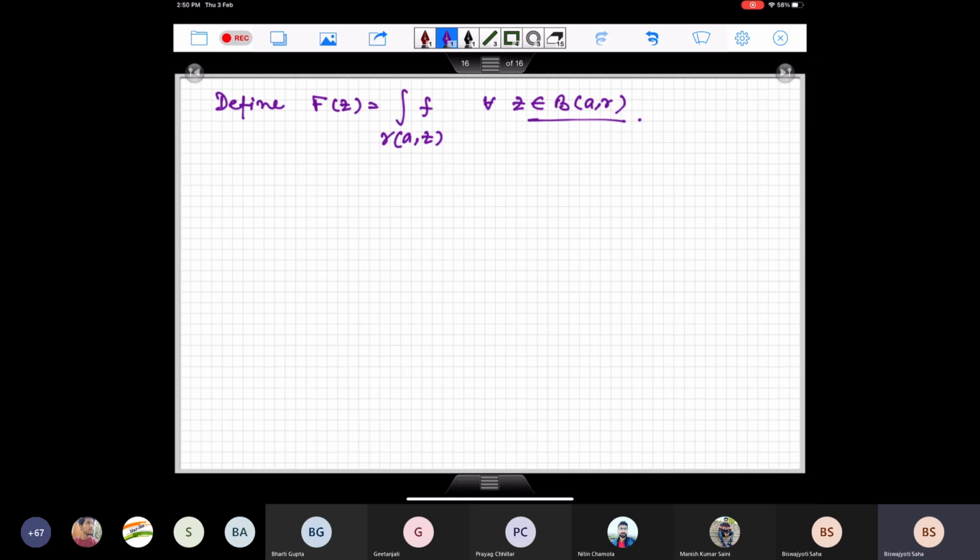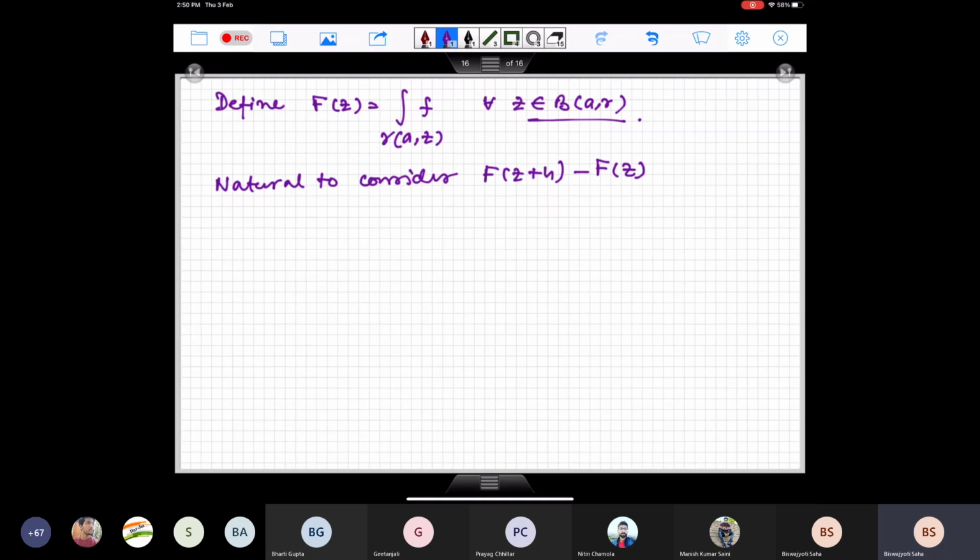If I need to show that, then it's natural to consider capital F of z plus h minus capital F of z, because this difference when I divide by h should go to little f of z, right? So it's natural to consider this difference.